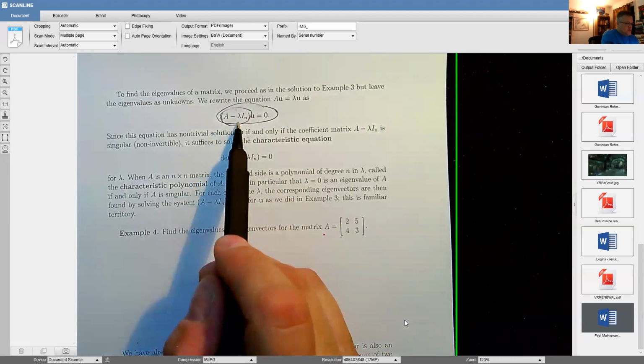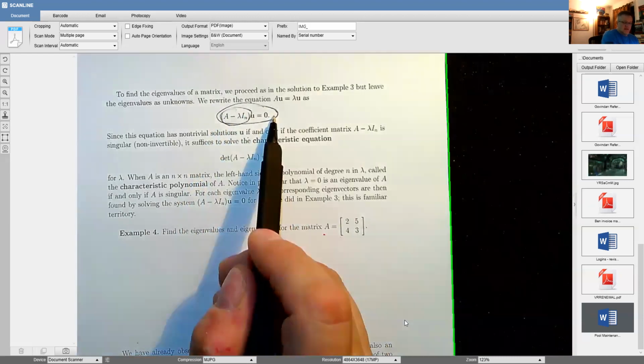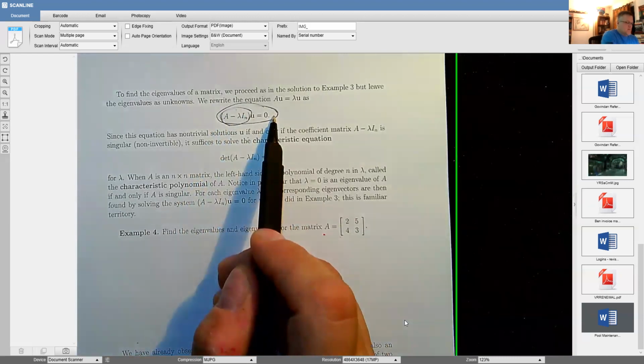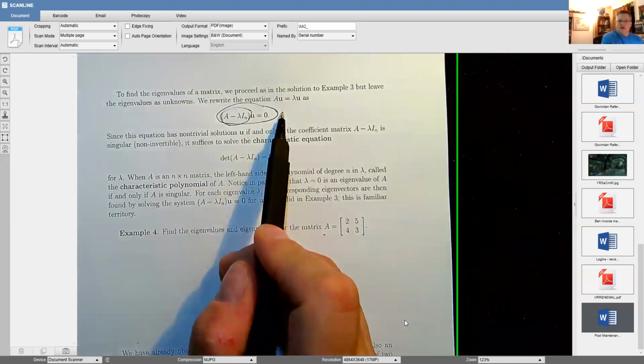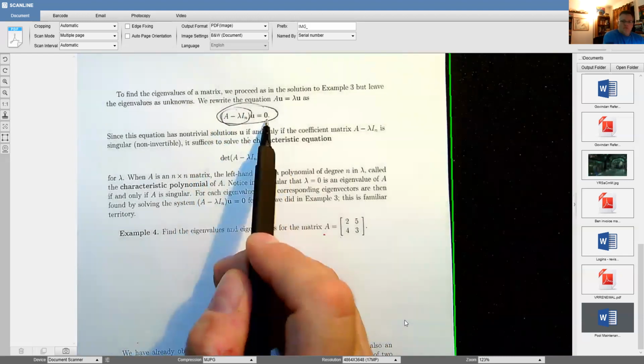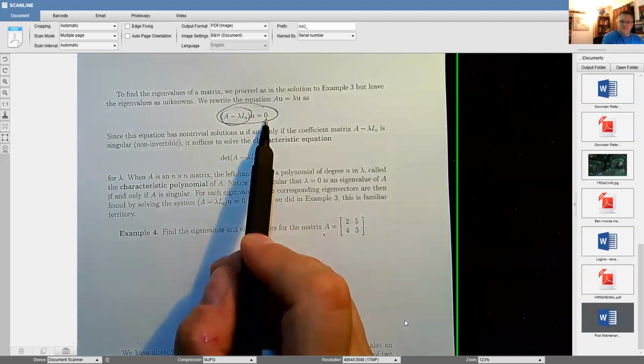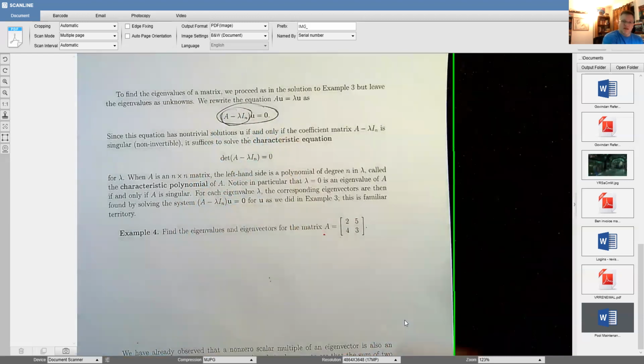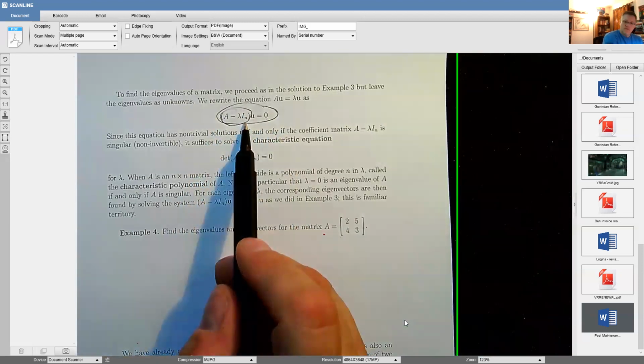If that's invertible, I can multiply both sides by its inverse on the left. If I multiply any matrix times the zero vector, I get the zero vector back, right? And so if that happens to be invertible, then you only get the trivial solution. So the interesting thing is when it's not invertible, right?